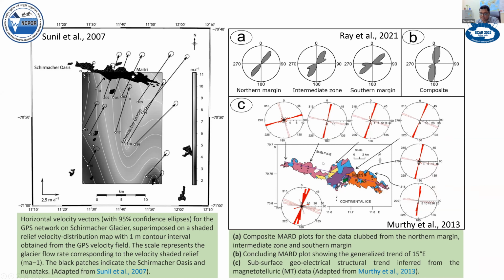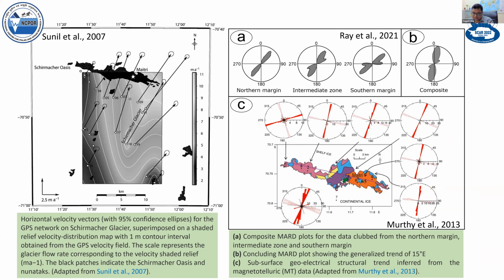As the MT method has a wide range of applications and is used to infer subsurface features from shallow to deep level, a direct connection can be established between deep crustal features and the surface glacial movements. However, shallow crustal features such as faults and lithological boundaries, also studied using MT data, can be cross-checked with the geological mapping on the surface.